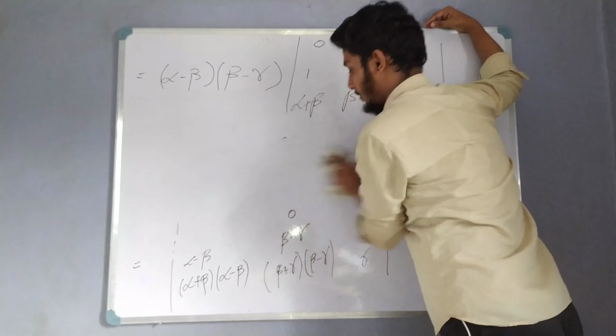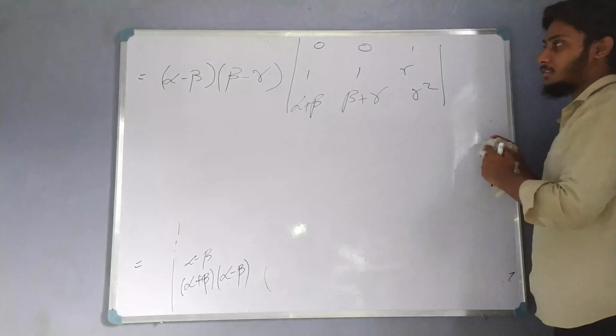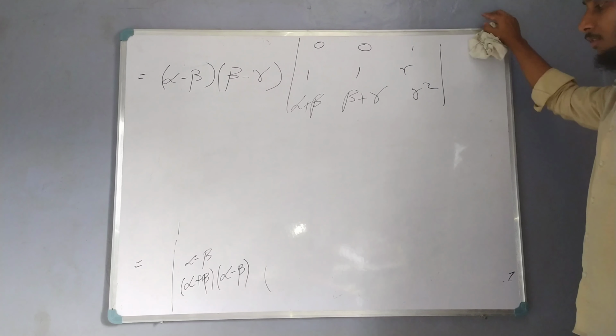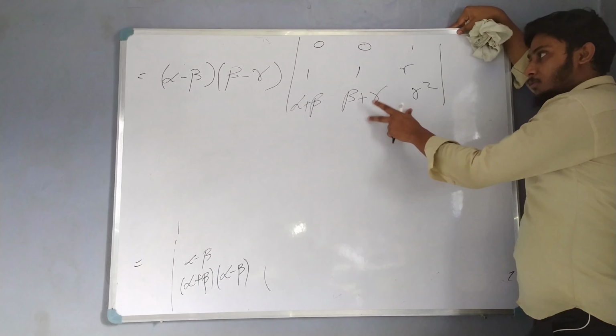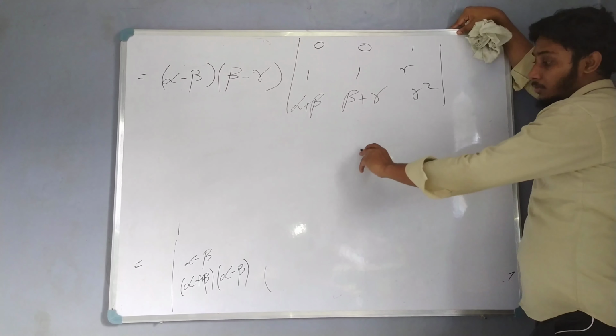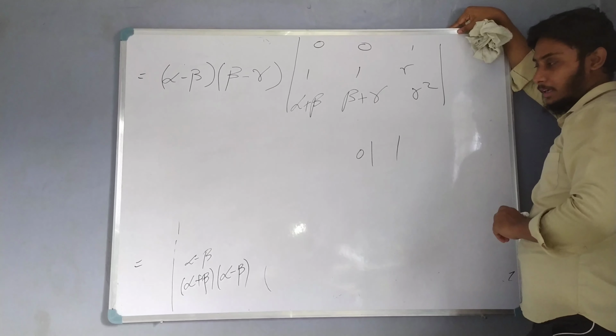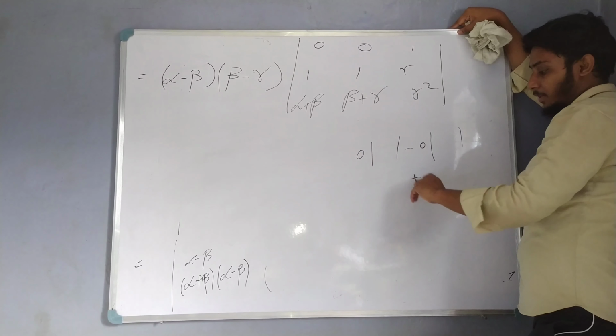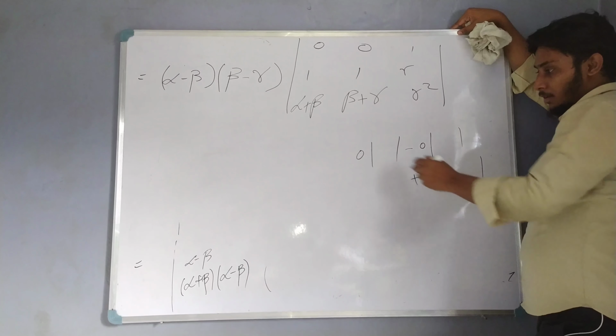You have to note all this. Now what is the benefit of taking two zeros? Why we have done these 2 0? Now if you expand this determinant, you will have to write 0 and some determinant, again minus 0, some determinant, plus 1 and some determinant.